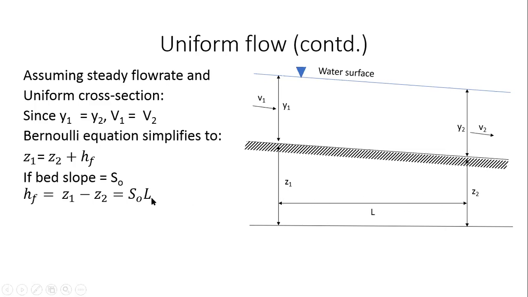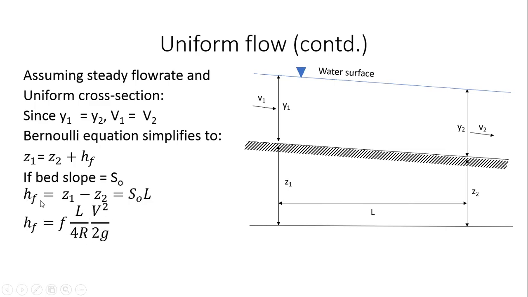S naught times L. So that is hf equal to S naught times L. But if you remember, we had already written an expression for hf. hf is simply f times L by 4R. Remember, this D, we have now replaced it with the hydraulic radius, 4R, because R was equal to Dh by 4. So I've just replaced that with 4R over here, times V square by 2g, right?